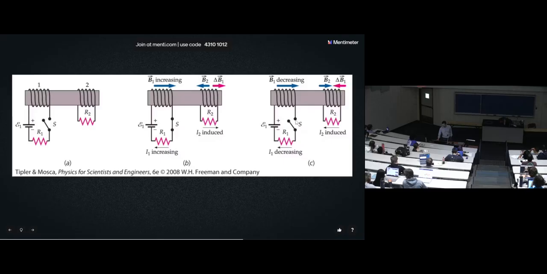And then I can turn off the switch, which means that the magnetic field is going to suddenly decrease in the first solenoid, and I get a magnetic field that is induced to the right to maintain the decreasing magnetic field strength.